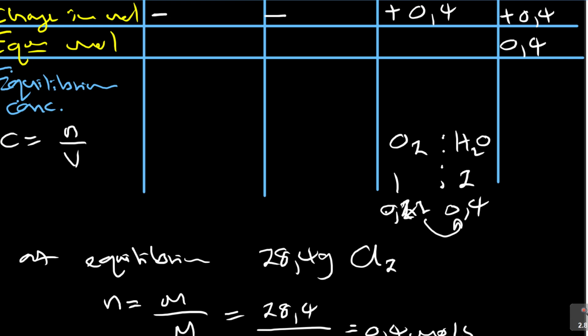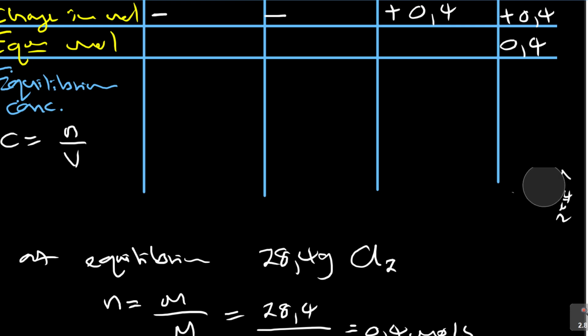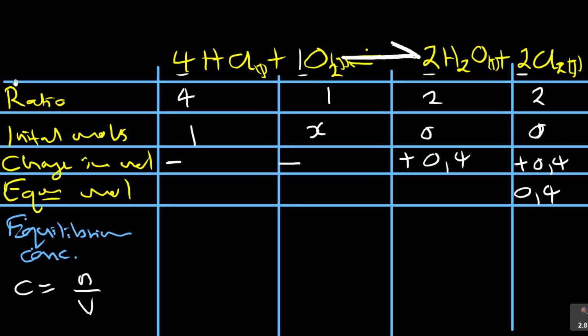And I told you the principle of cross multiplying, whereby you make it x here, you cross multiply to say 2x is equal to 1 times 0.4. You divide by 2, then you get 0.2. It's up to you, but you can see that it's 1 is to 2, meaning water is more than the oxygen twice. So this one is 0.2.